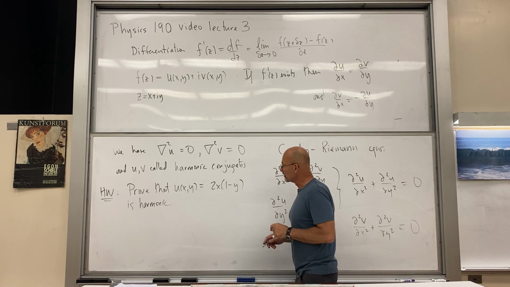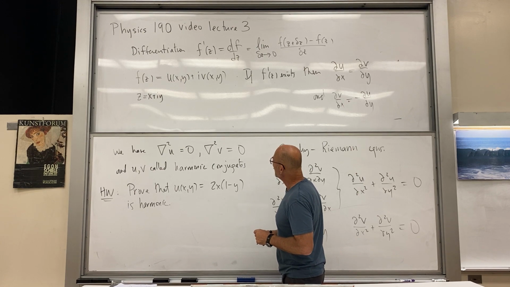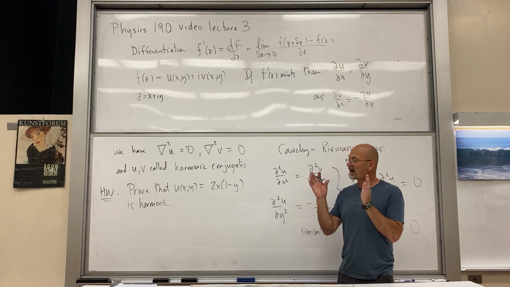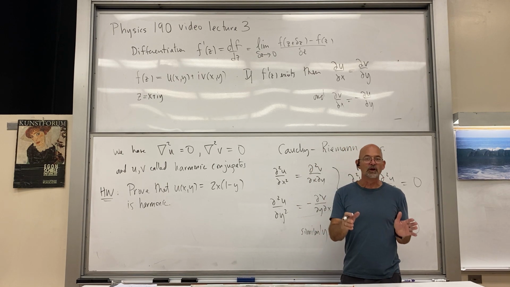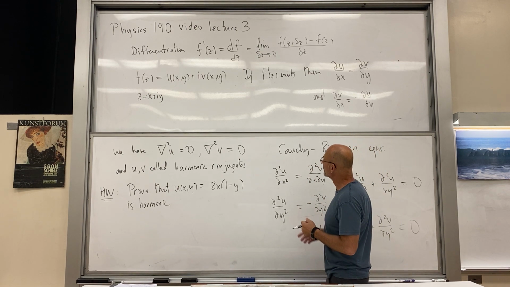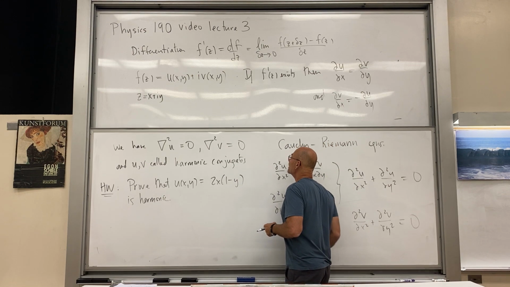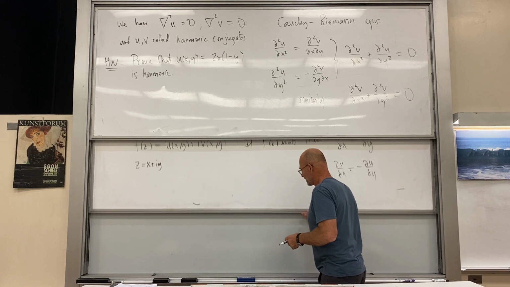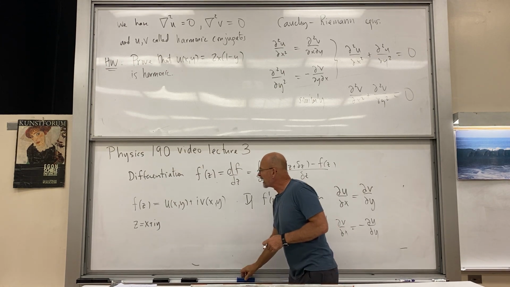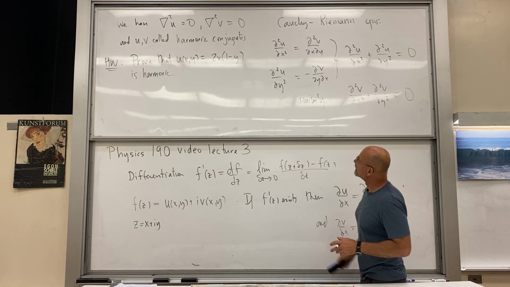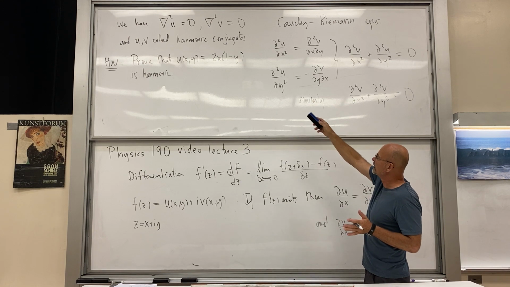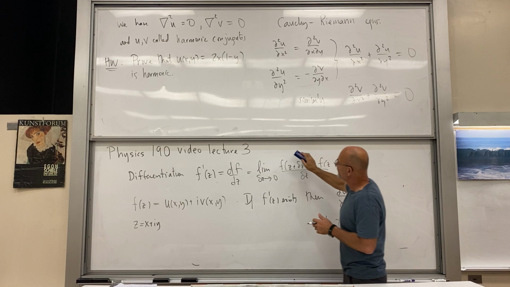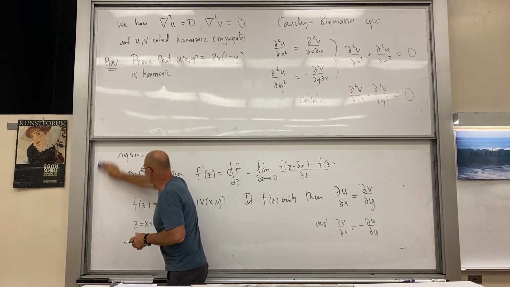So the next thing we're going to do is show how to find the function v if we already know the function u. So that's also an important property. What we're going to be given now is a function u of x and y, del squared u is equal to 0, and the Cauchy-Riemann equations.